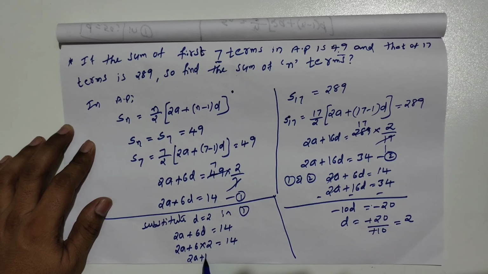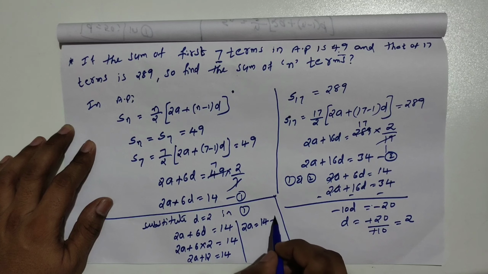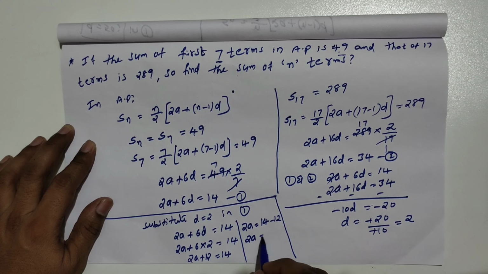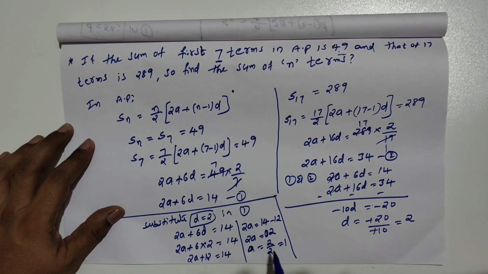Then 2a plus 12 is equal to 14, and then 2a is equal to 14 minus 12. 2a is equal to 2. Then a is equal to 2 by 2, that is 1. So the a value is 1 and the d value is 2.